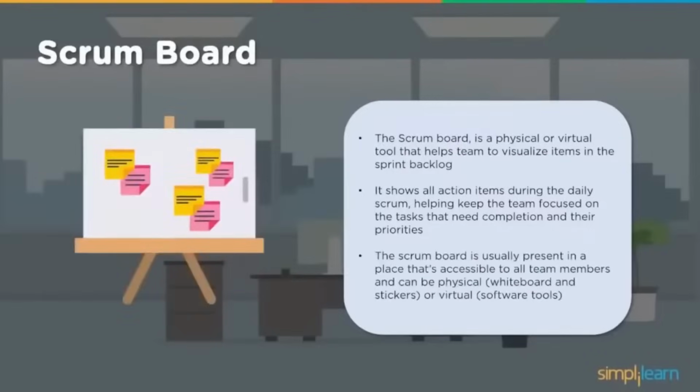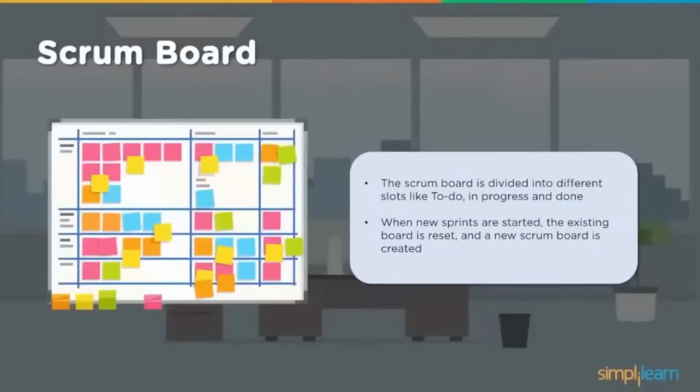The Scrum board is usually present in a place accessible to all team members. It is a visual board, and can be physical, with a whiteboard and stickers, or virtual, using software tools displayed on the screen. The Scrum board is divided into slots like to do, in progress, and done. When new sprints start, the existing board is reset and a new Scrum board is created.